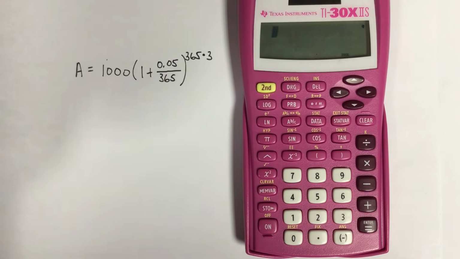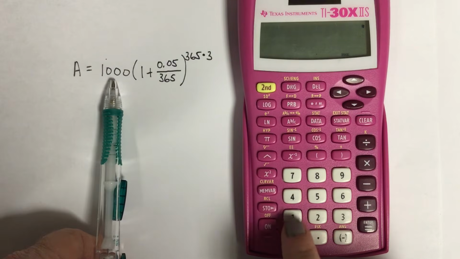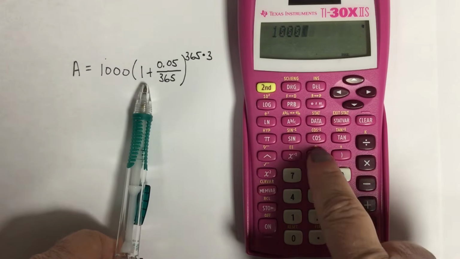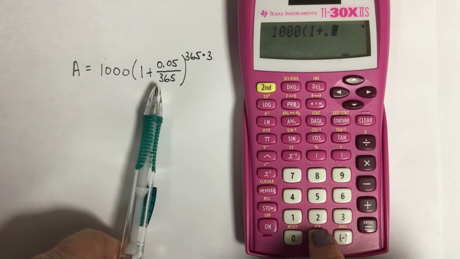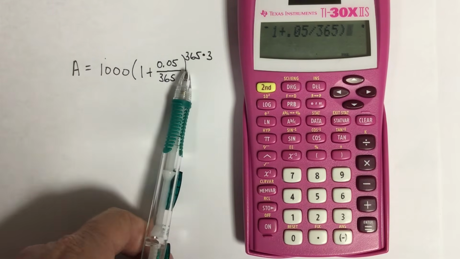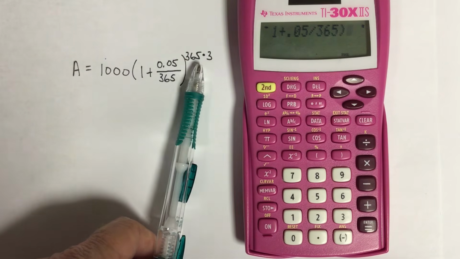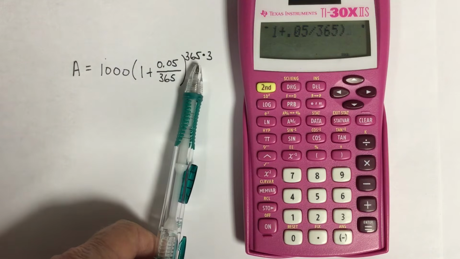You can do it, but you have to use the parentheses. Let me show you. If we enter 1,000 times parentheses 1 plus 0.05 divided by 365 and close the parentheses, whatever I enter next, the calculator will consider the exponent.